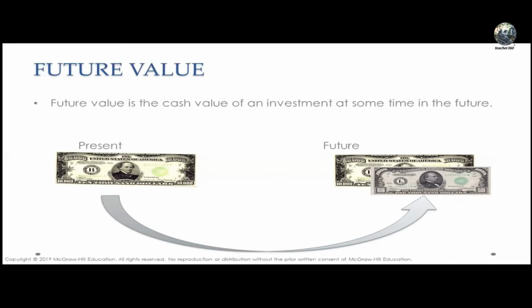Suppose you have $10,000 today and you would like to deposit this $10,000 at the rate of 10% in a bank for 1 year. Since your interest rate is 10% yearly, after 1 year, you will receive $1,000 as an interest on your principal.